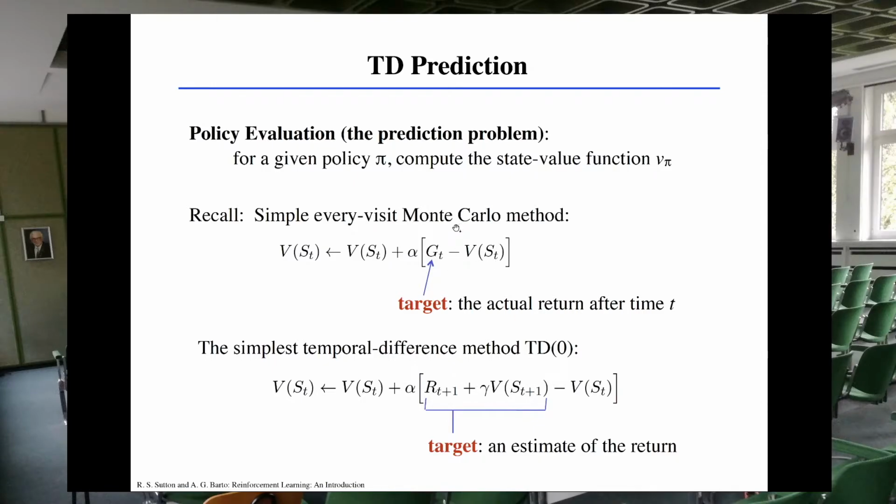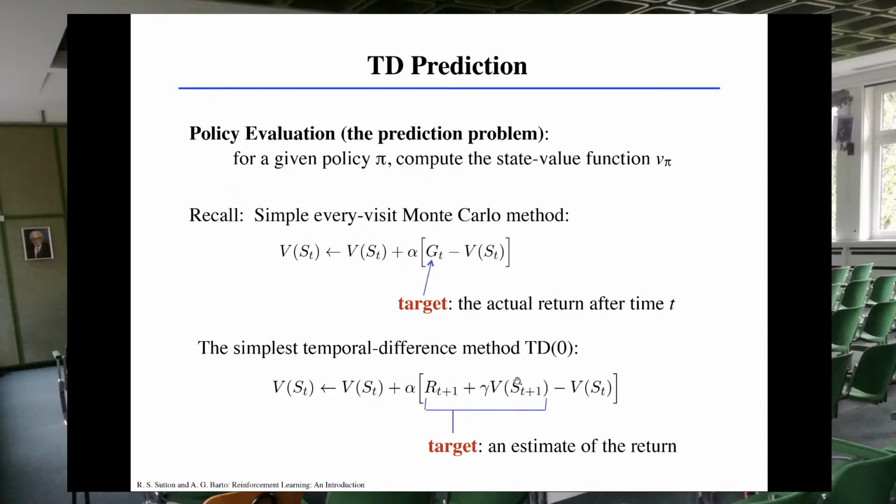In the case of temporal difference, the very basic case, which is TD(0), the error is computed from the reward that you will get in the next time step and the discounted value of the next state. Remember that this discount factor gamma can be between 0 and 1.